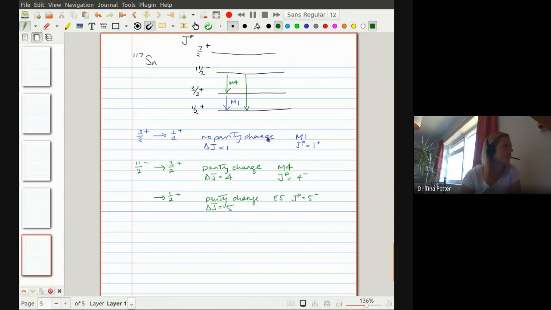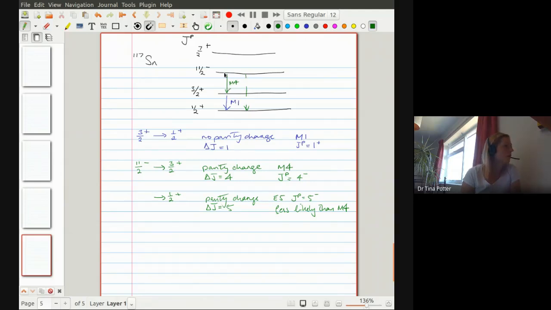But this is much less likely to happen than the M4 transition. So maybe we should do that kind of dashed here. So this transition here from the 11 over 2 state all the way down to half plus would happen via an E5 transition, which is actually less likely than this M4 transition. Okay.